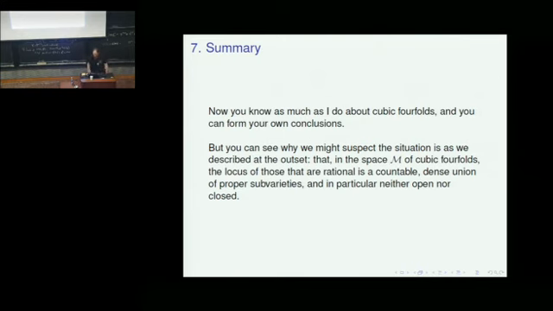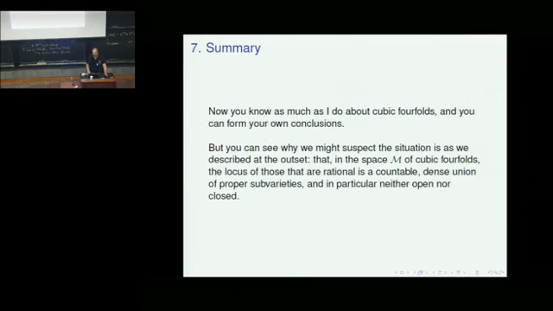Now, it's true, we don't know much. What we do actually know about rationality of cubic fourfolds was on that very small slide a while back. We know, again, some cubic fourfolds are rational. We don't know that there are any irrational cubic fourfolds. As far as we know, every cubic fourfold could be rational.